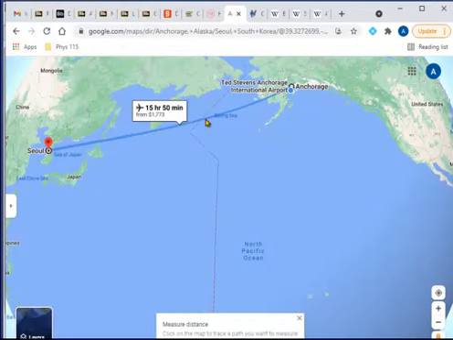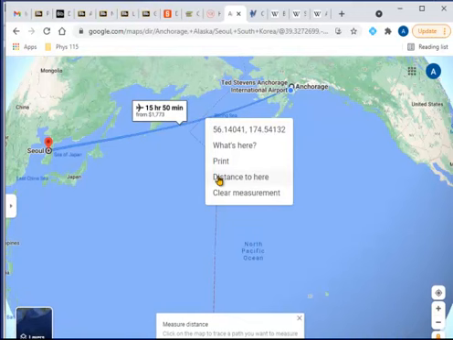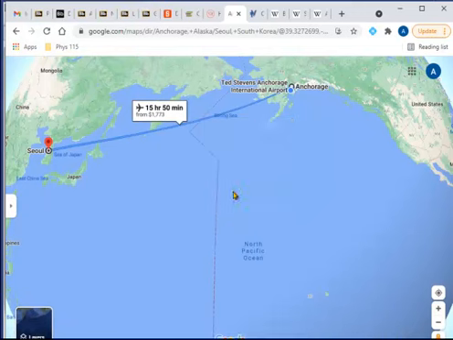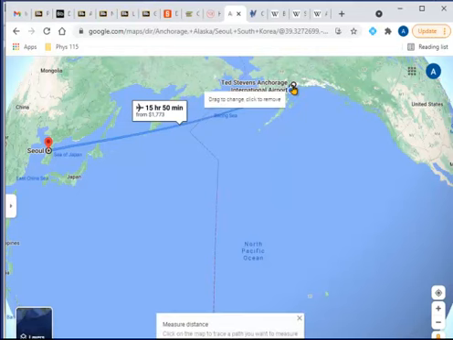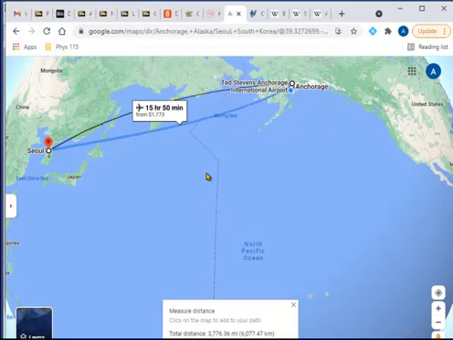I guarantee I did that earlier. I don't even have a measurement. So measure distance from here, drag to change, click to remove. There. And there, finally, and here it is, 3,776 miles.